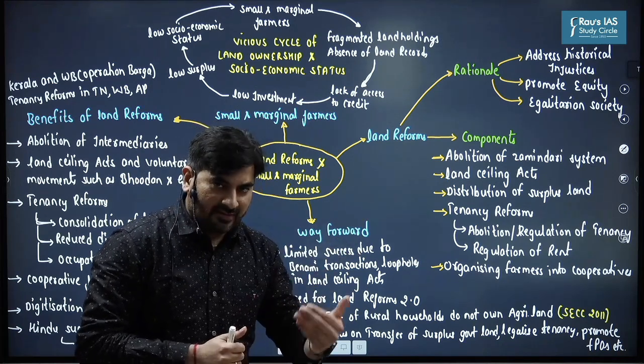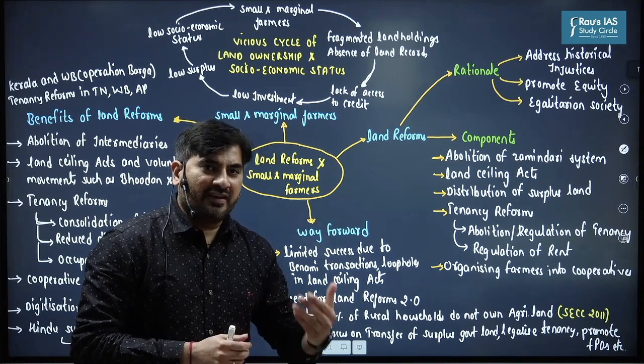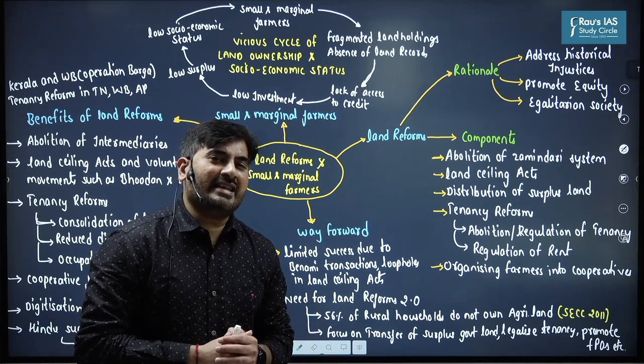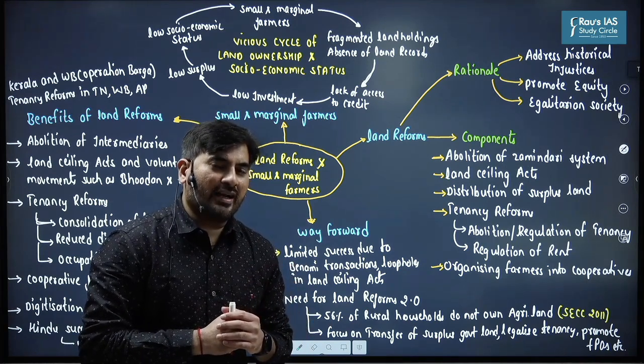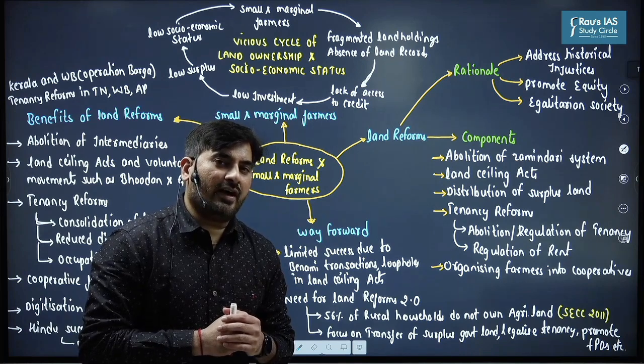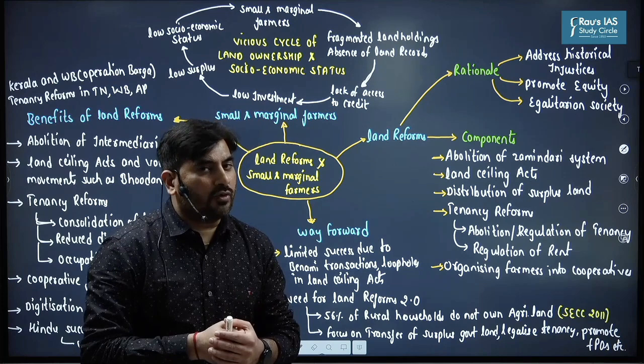Land as a subject, as you know, is under the state list. So different states implemented the Land Ceiling Act. Under the Land Ceiling Act, different states put a limit on how much agricultural land can be owned by an individual or a household.